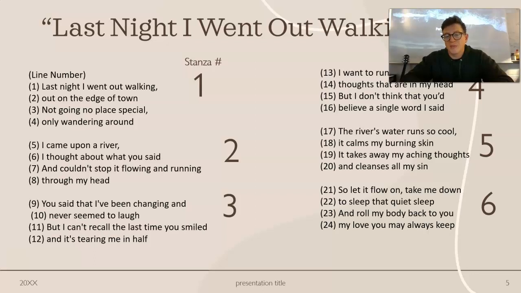The ending gives a sense of, is he going to commit suicide? Is he seeing that the river is going to cleanse him, and his body will be washed back to her, to his wife, who has been dealing with his psychotic breaks and his episodes?